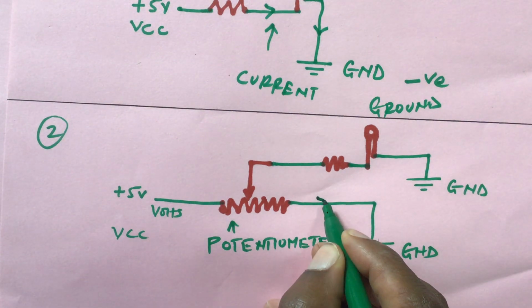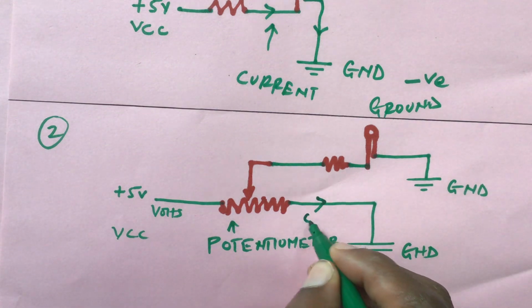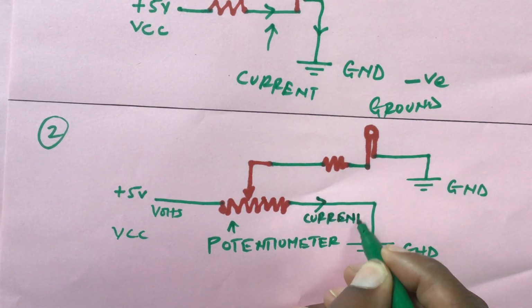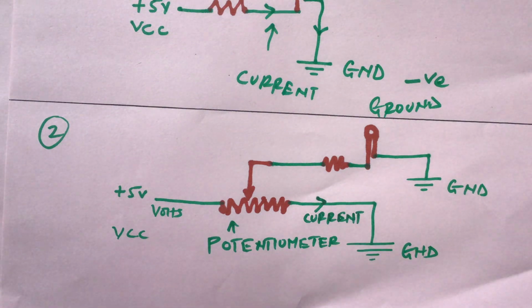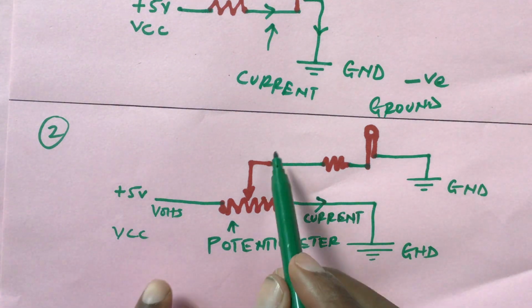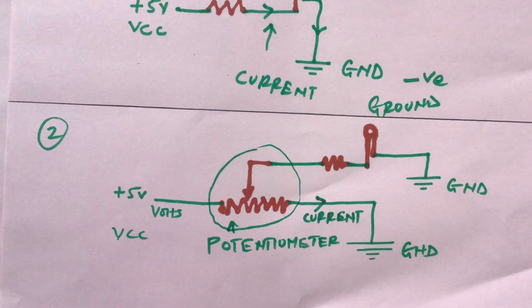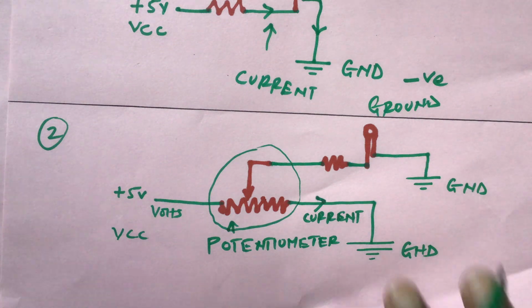Remember, we said current is what goes through these connections. So with this variable resistor, you can now vary the amount of current going through.